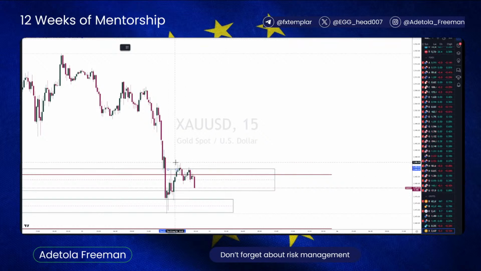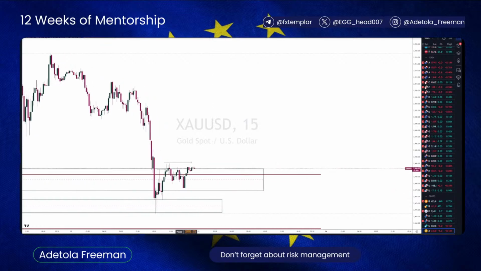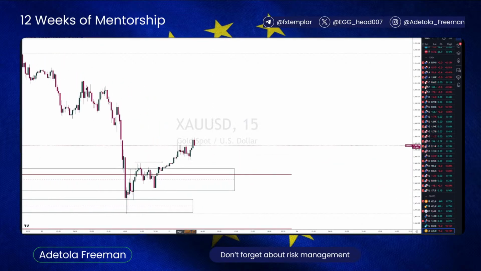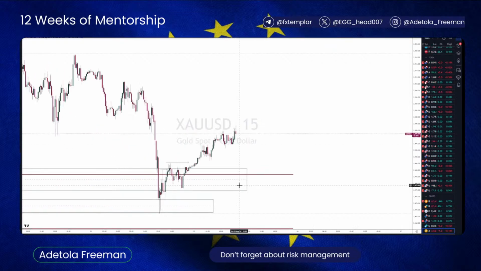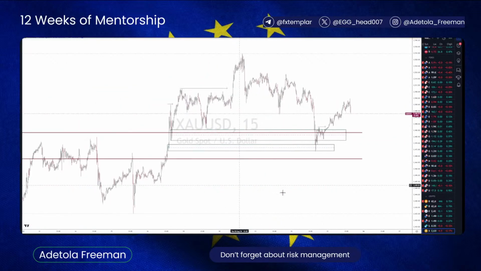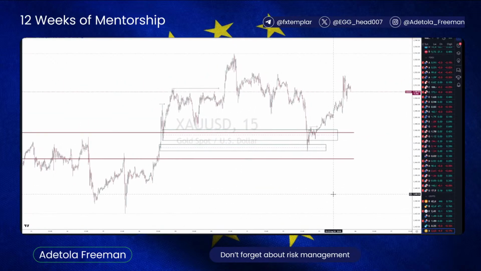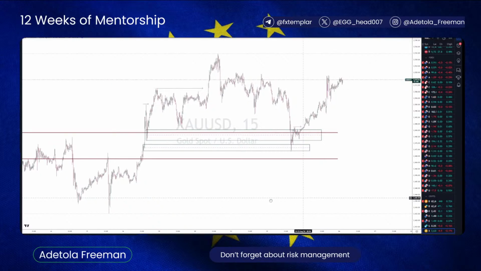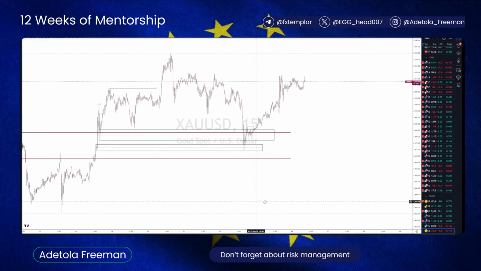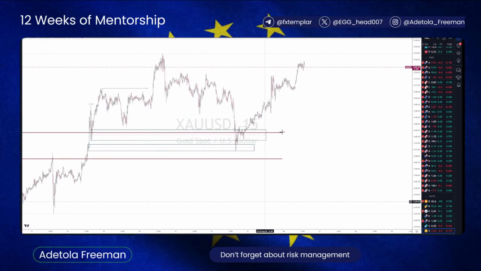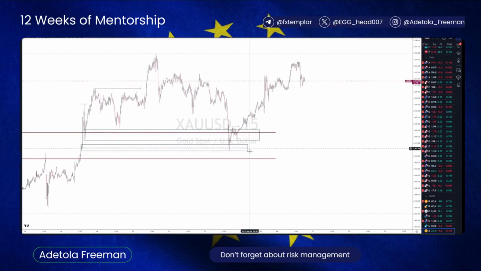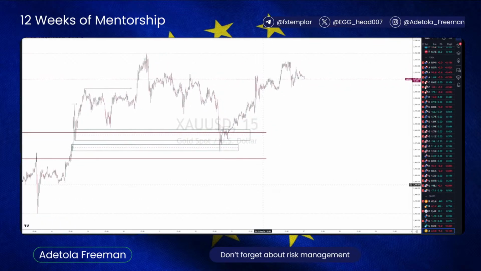Although price might not necessarily return for the retest, but let's see. Second break of structure. Can you see that? So price took off from that demand zone and just kept going.